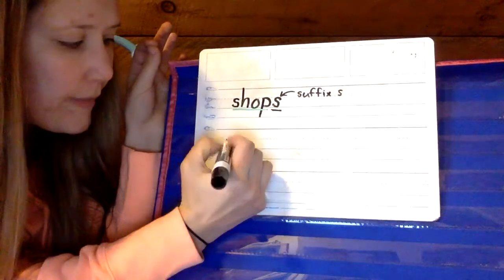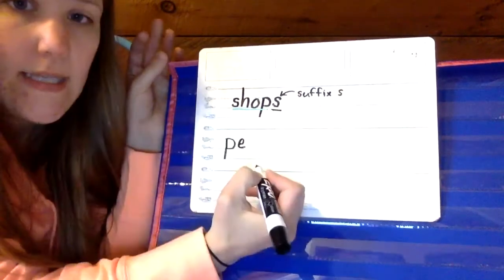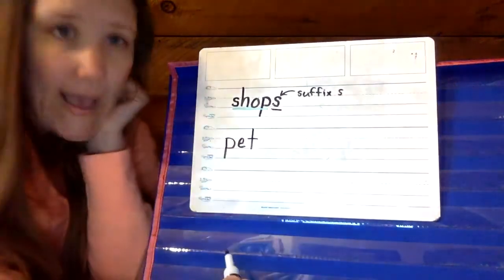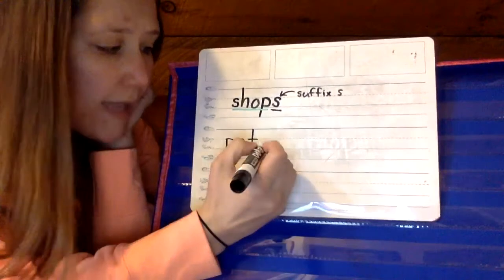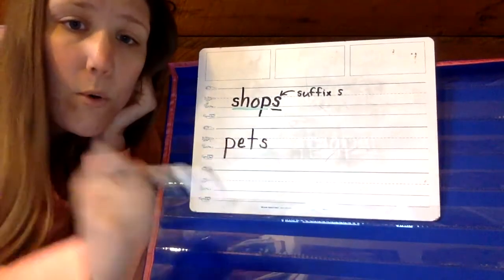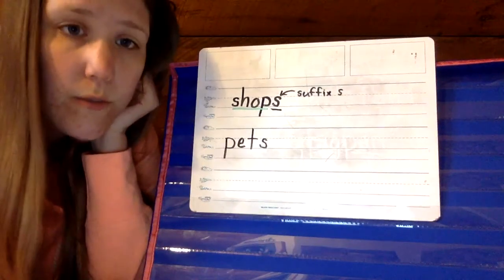We're going to start with a P. That is pet. Talking about one pet. But when we add that suffix S on, now we're talking about more than one pet. Add the suffix S on to your word as well.